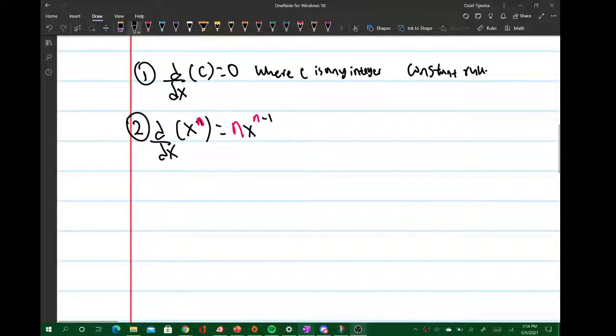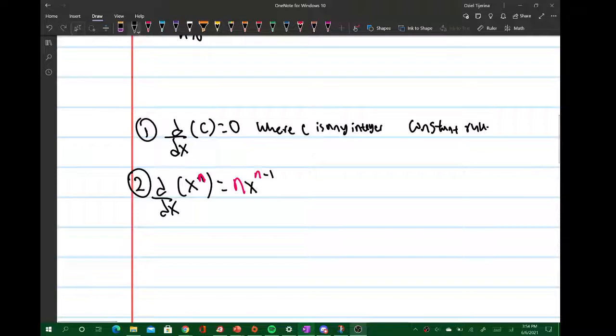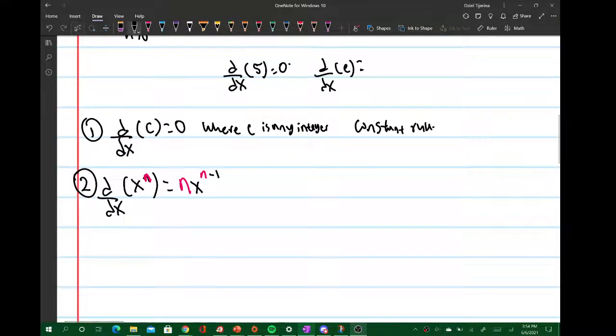For the constant rule, for example, the derivative d over dx of 5 is 0. Any number, it doesn't matter. d dx of e, because e is approximately 2.71, that's 0. d dx of 7 is 0. d dx of negative 2 is equal to 0.